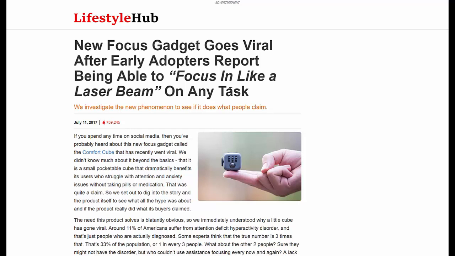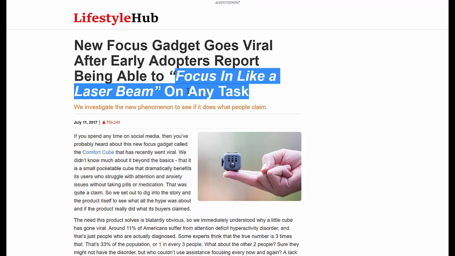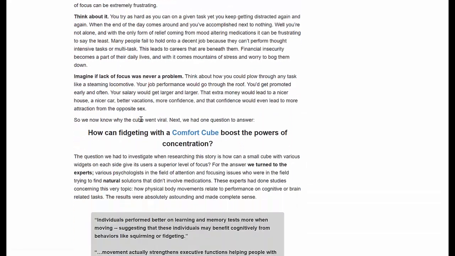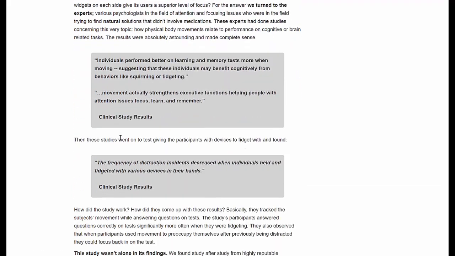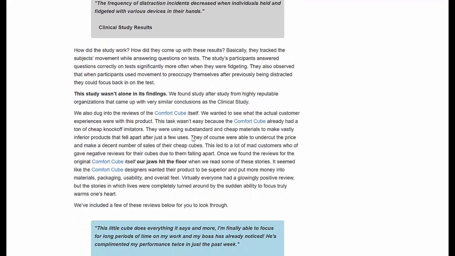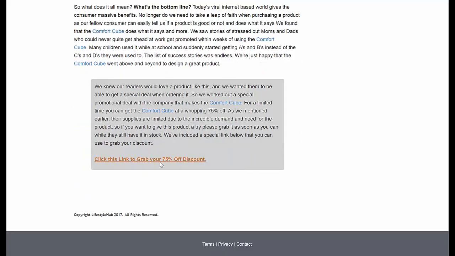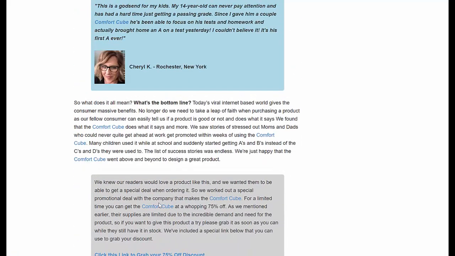So it's probably targeting people who are studying, and so it really matches the audience. Focus in like a laser beam. We investigate the new phenomenon to see what it does and what people claim. Here is an inline link right up at the beginning, again in the middle, and then a bunch of CTAs and proof down at the bottom.